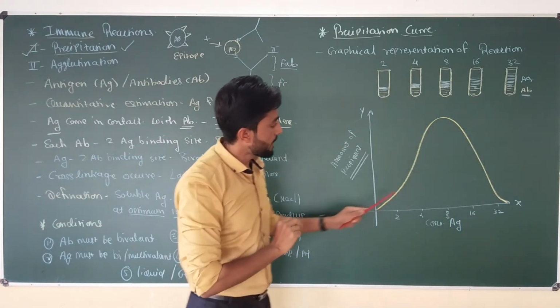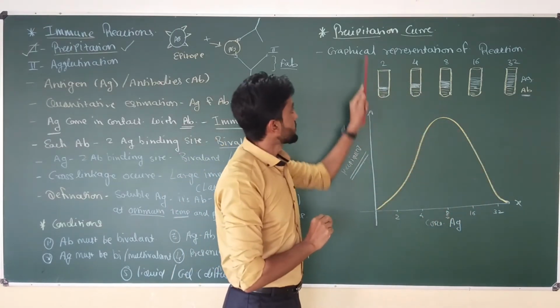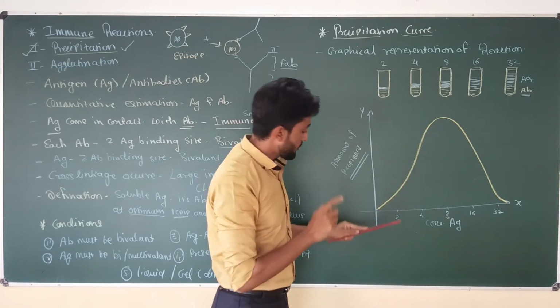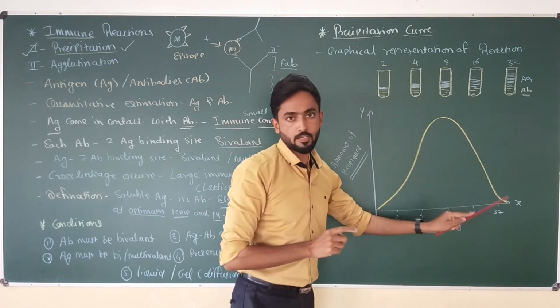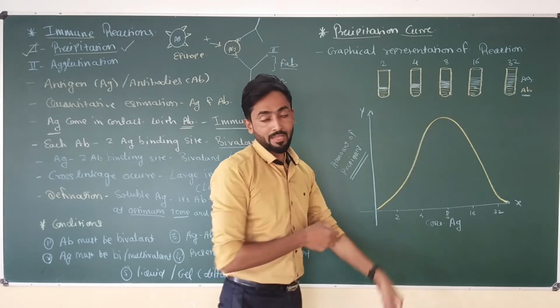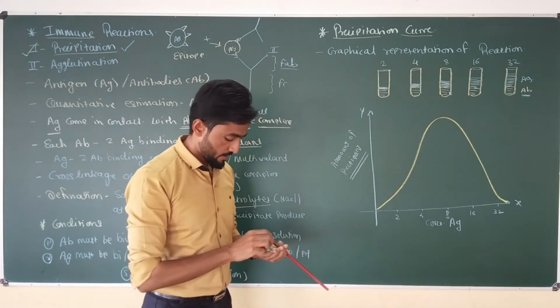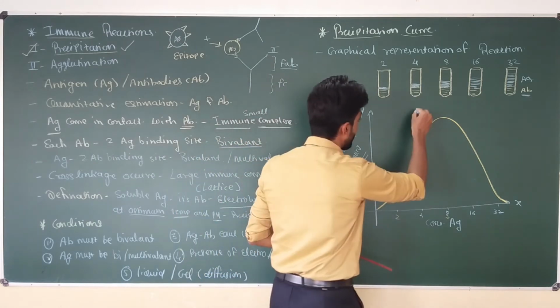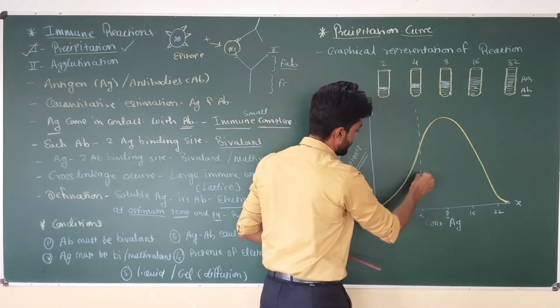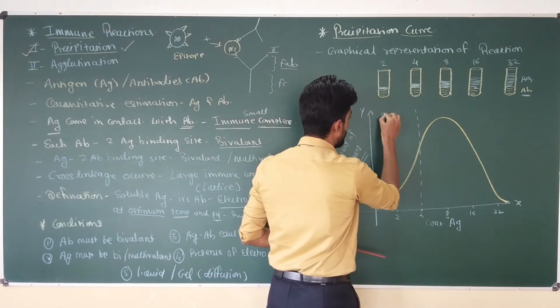So this is the bell-shaped curve, which is called the precipitation curve, and it is obtained when we increase the concentration of antigen in the tube. Now we can divide this graph into 3 parts. Number 1 is called Prezone.